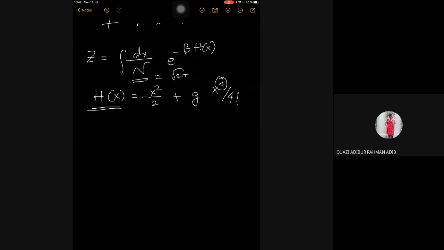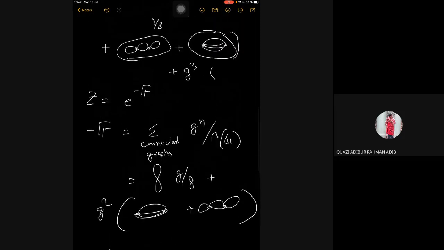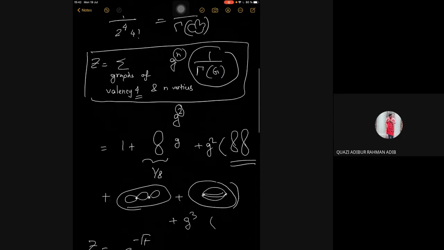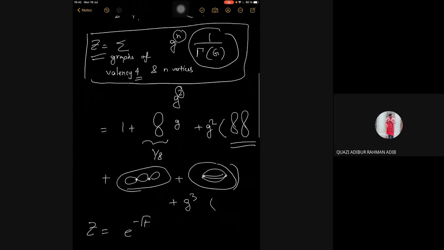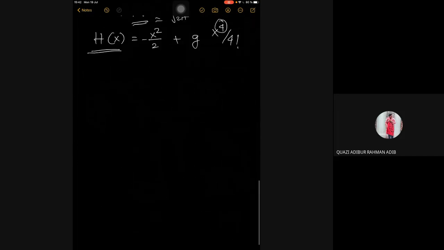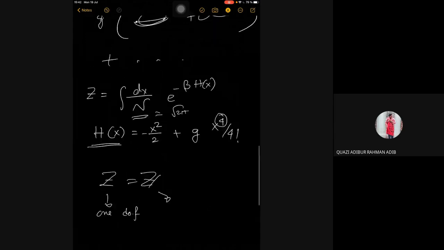We claimed that these two partition functions are the same. One of them is, let's say, this, and another is, let's say, curly Z. So this is a 1 degree of freedom, or one variable, partition function, which is this one.